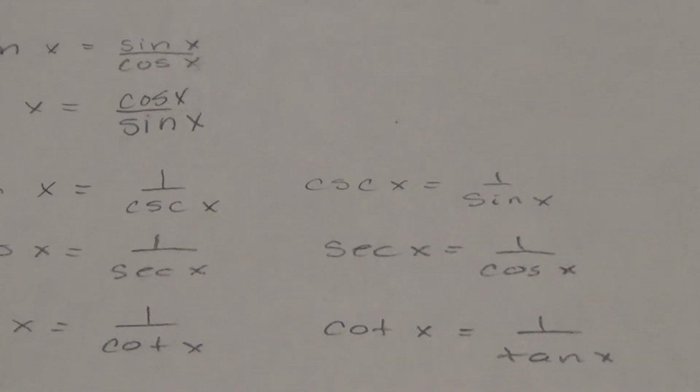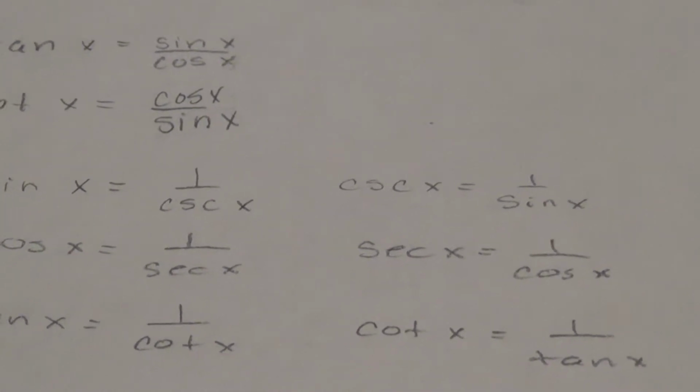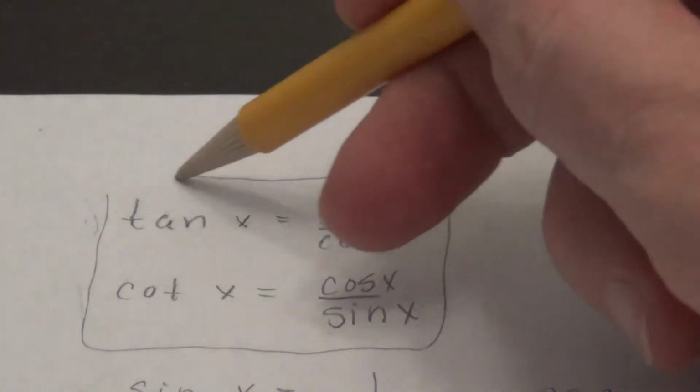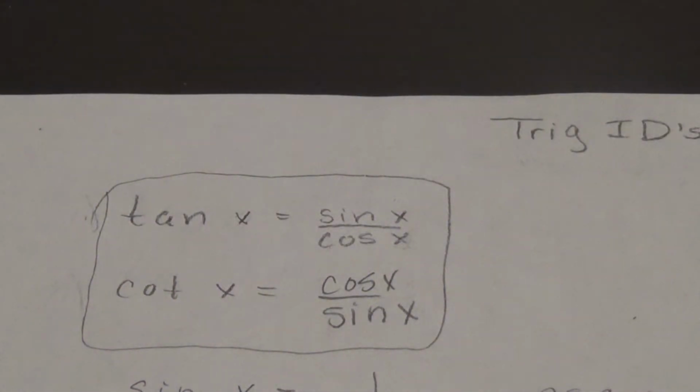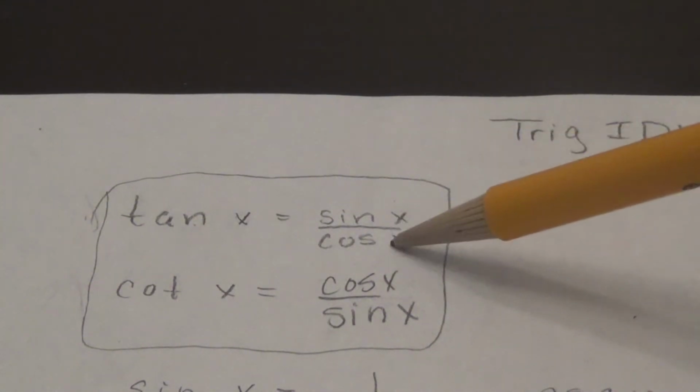Maybe I get a little better angle there. Alright, so let's group these. These two come out and play so often. I'll just put them in a group, but I don't really have a name for it. And notice that I can rewrite tangent in terms of sine and cosine.